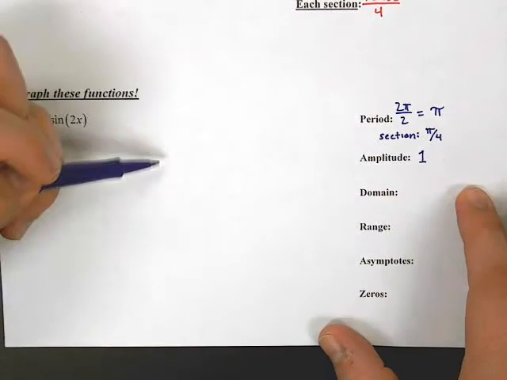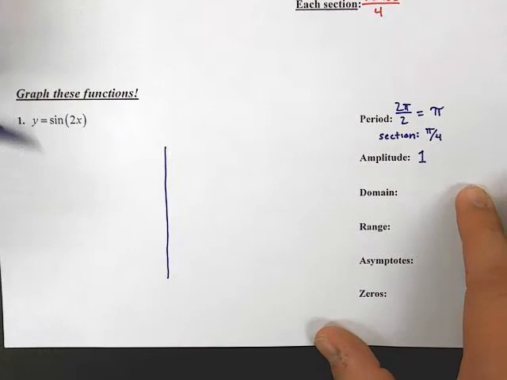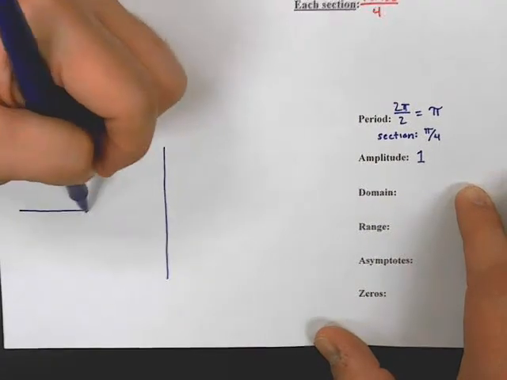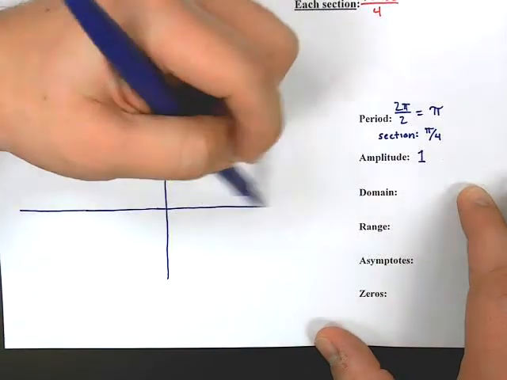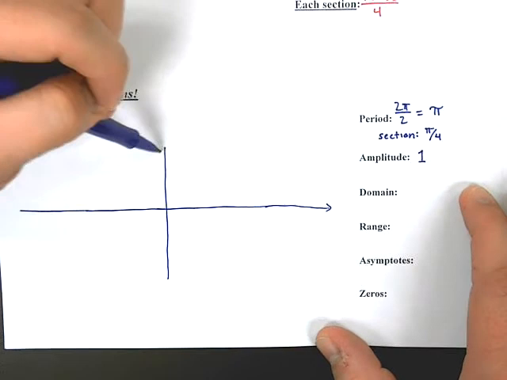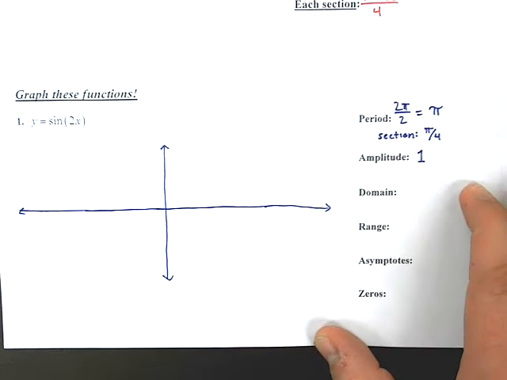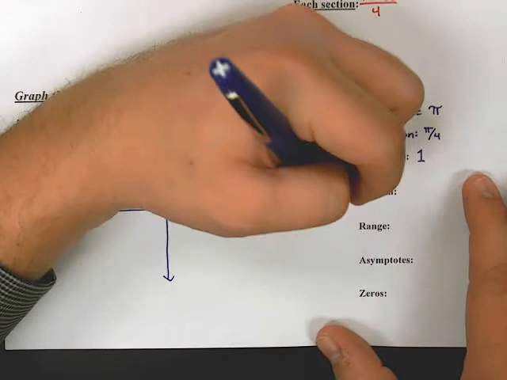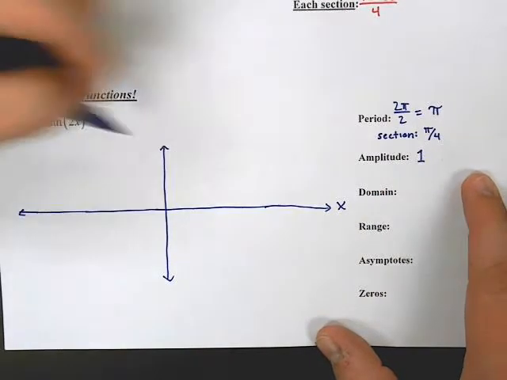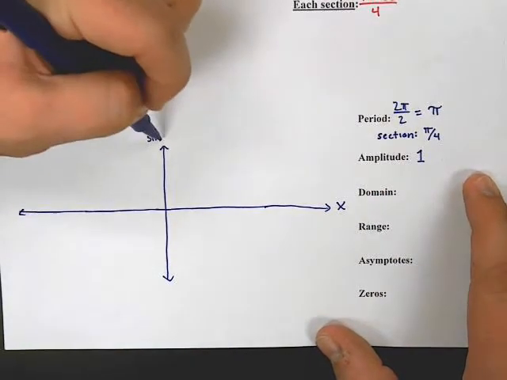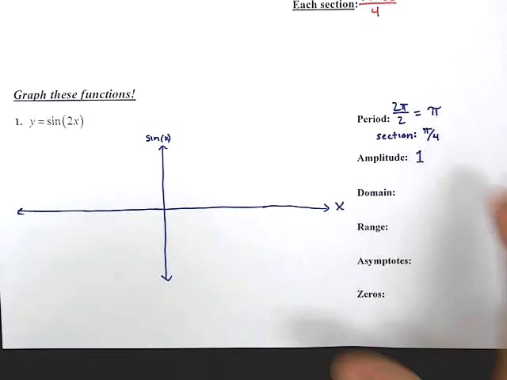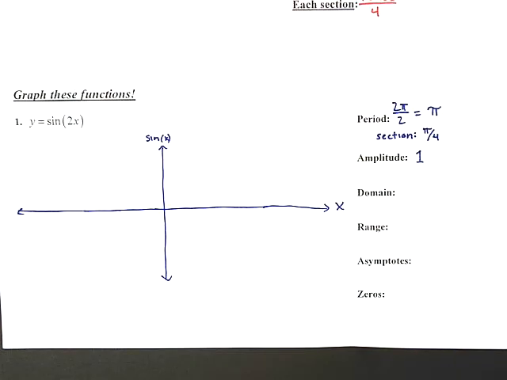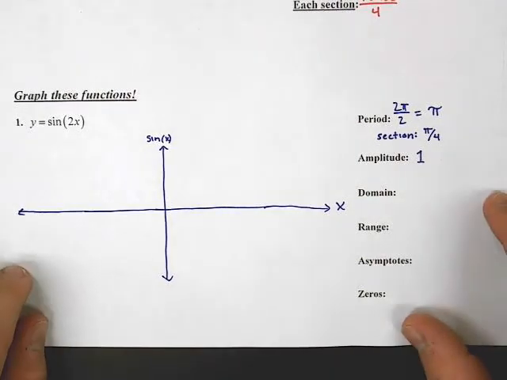Now we are ready to start this, guys. So what I'm going to do is draw a nice big set of axes. All right, and we remember, hopefully, our x-axis is x, and we know that our y-axis is sine x. We now know some things that are going to help us start this.